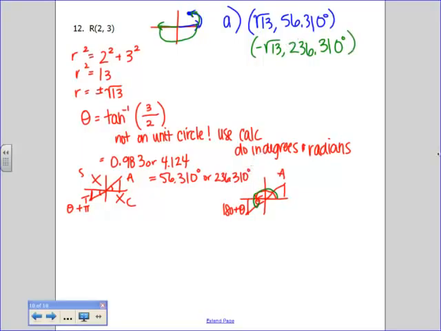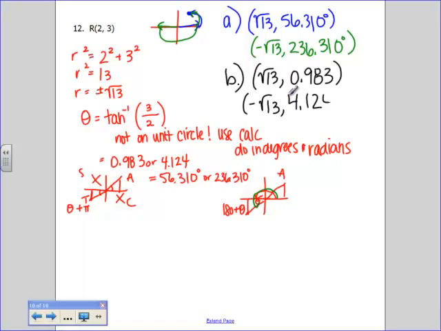Then we use our corresponding values for radians to come up with part B. So we have positive square root of 13, that first quadrant angle, 0.983, and we have negative square root of 13, and that third quadrant angle, 4.124. We've put it all together. And that's it for polar coordinate and rectangular coordinate conversion.